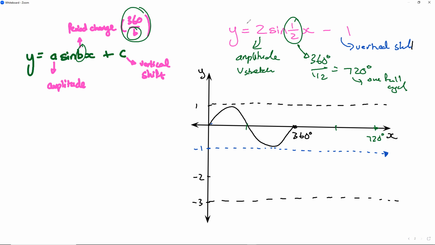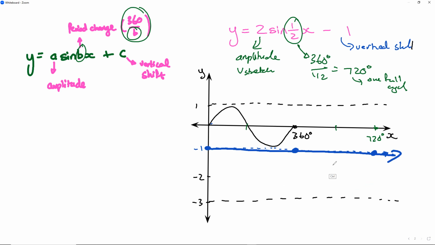I'm now ready to sketch my graph. All I've got to do is remember that this is my starting point, because that's the vertical shift, and I've got to go as high as this. This is the ending point over here, and this is the middle point of my graph. This is my new axis, if you think about it.